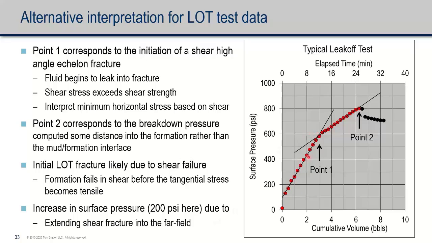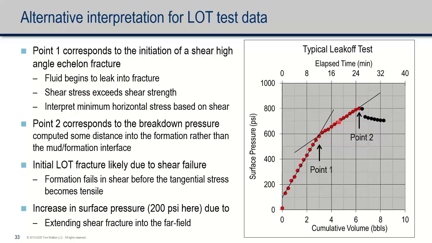Here's a good example of a typical leak-off test. But I suggest an alternative interpretation. Point 1 here is where you see the initial slope deviating. I think this could be interpreted as where fluid begins to leak into the fracture due to, say, a high angle echelon fracture.